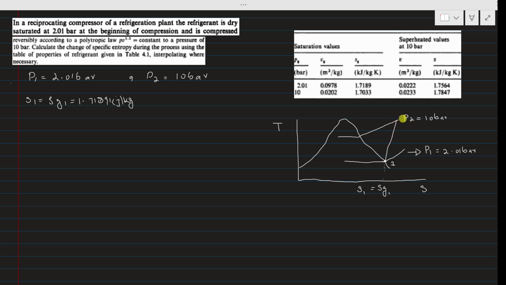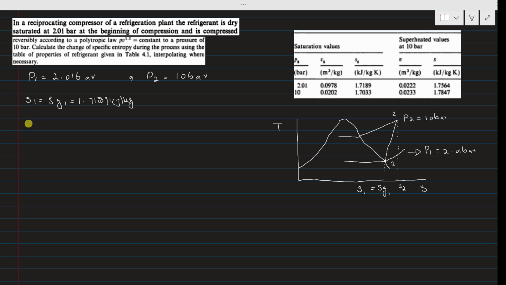This is the S1 entropy, this is the S2 entropy. So the entropy at the final stage will increase when compression takes place according to the polytropic law PV^1.1 = constant.